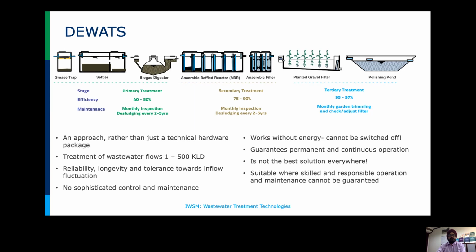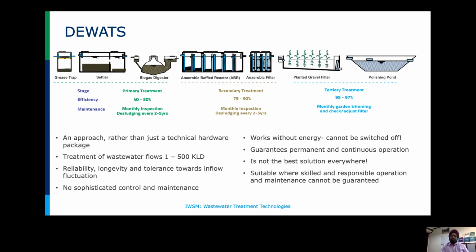What is important to remember is that this is a treatment system which has a relatively low treatment capacity, maximum 500 KLD. Beyond that, it is difficult to sequentially pass a large volume of wastewater in this process. And you can also remove the biogas digester because that requires time, and then it can be fastened, depending upon the characterization of fecal sludge available.